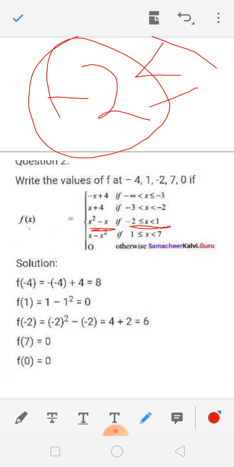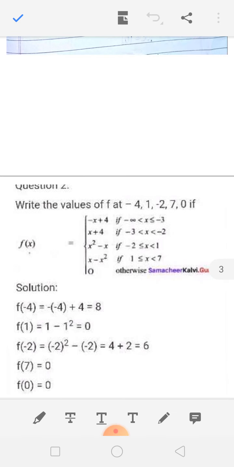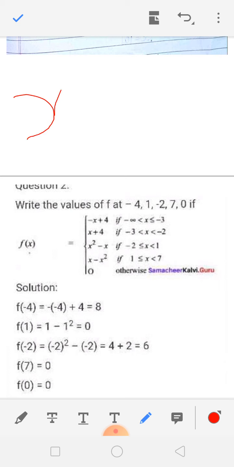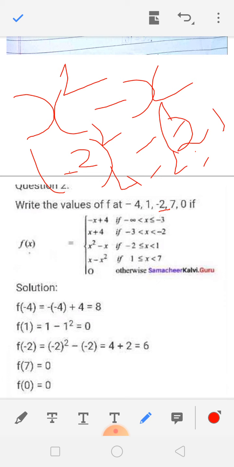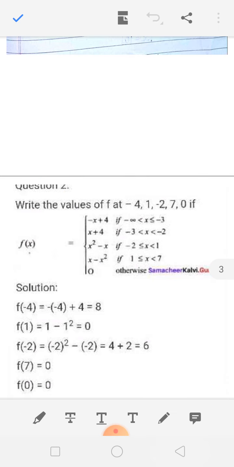So this is my function: x square minus x. I have to put that minus 2 value in the x. So minus 2 whole square and minus of minus 2. Minus 2 whole square is plus 4, and minus of this minus 2 will be plus 2. So 4 plus 2 is equal to 6.